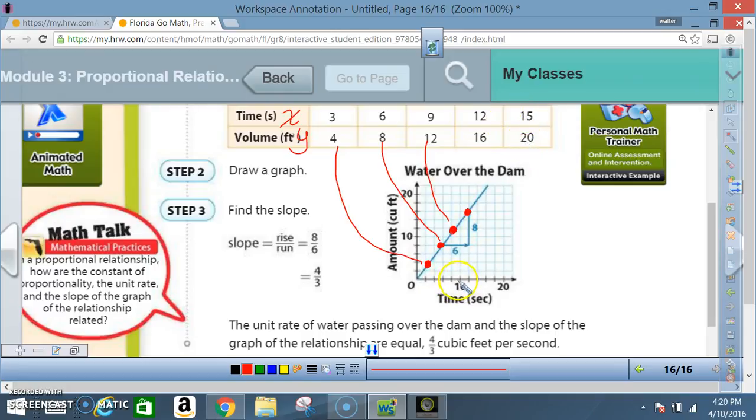X is 15, that's 10, 12, 14, 16. So 15 is in the middle, and we go up till we get to 20. All right, and that's that point right there. And don't forget that was 12 and 16. All right, so now we've graphed our table.